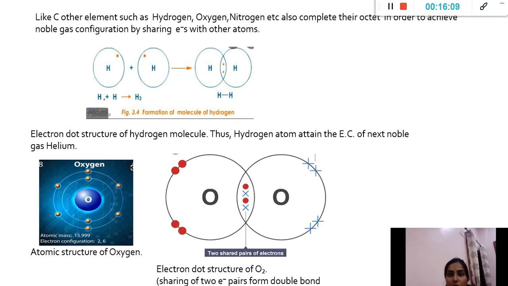You can see how hydrogen atoms are sharing their electrons in order to form an H2 molecule. Here the atomic number of hydrogen is 1, and these two hydrogen atoms are sharing 1 electron pair in order to complete their octet.